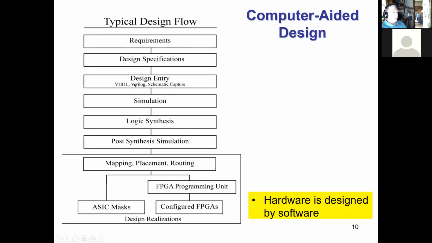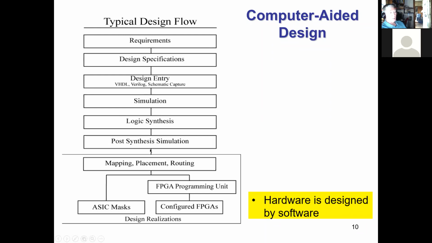Okay, so then once we get the design entered, then we go through lots of simulations to make sure it's doing exactly what we want, that it's going to satisfy our timing requirements. And then we let the synthesizer turn it into an actual net list of gates and wires and everything that has to be connected.